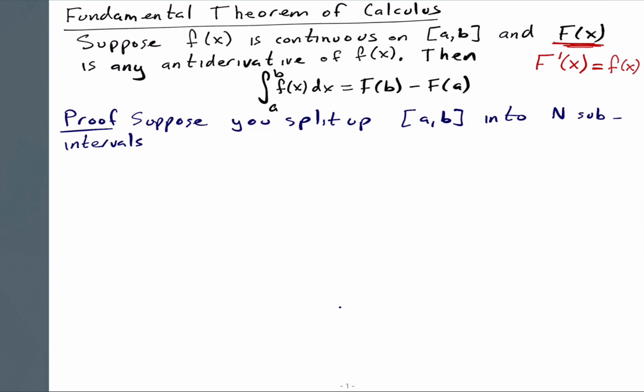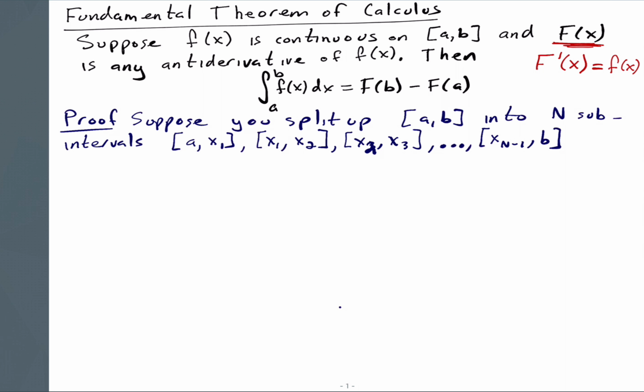The subintervals are going to be from a to x1, and then from x1 to x2, x2 to x3, and then the last one would be x sub n minus 1 to b.